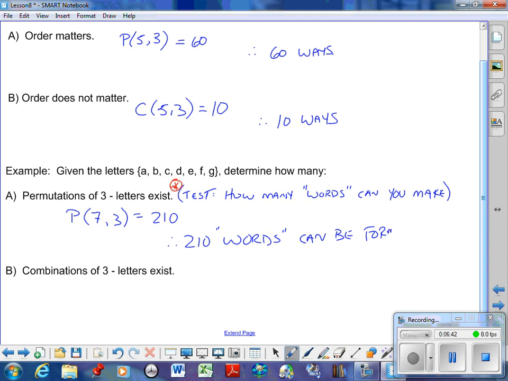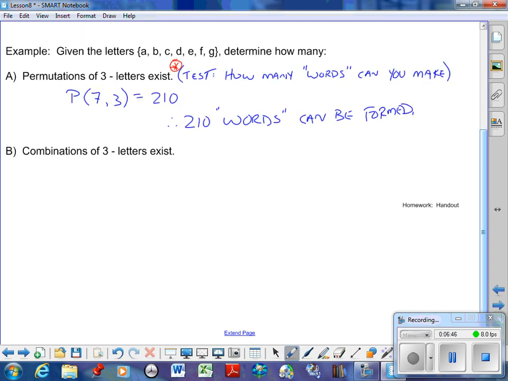All right, I'm going to word the next one as I would on a test. It would be A and B in the same question: how many groups of 3 letters can you make?